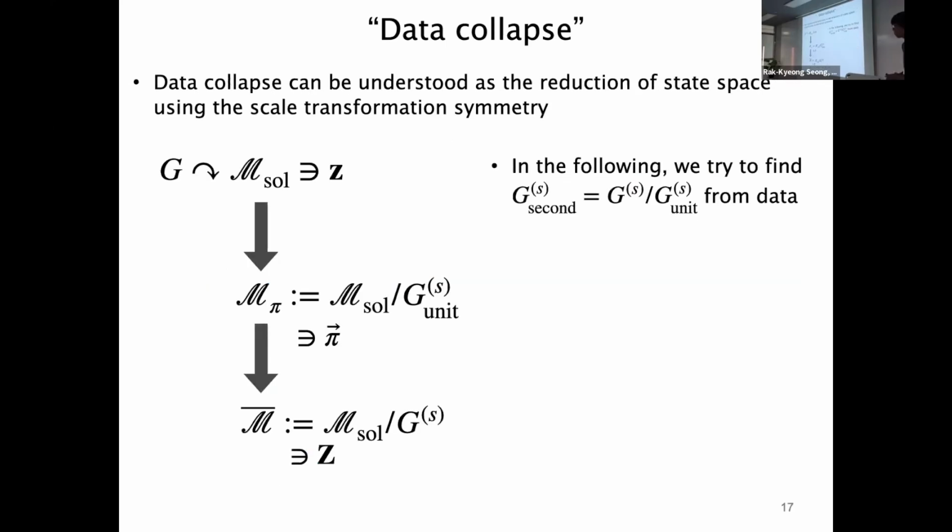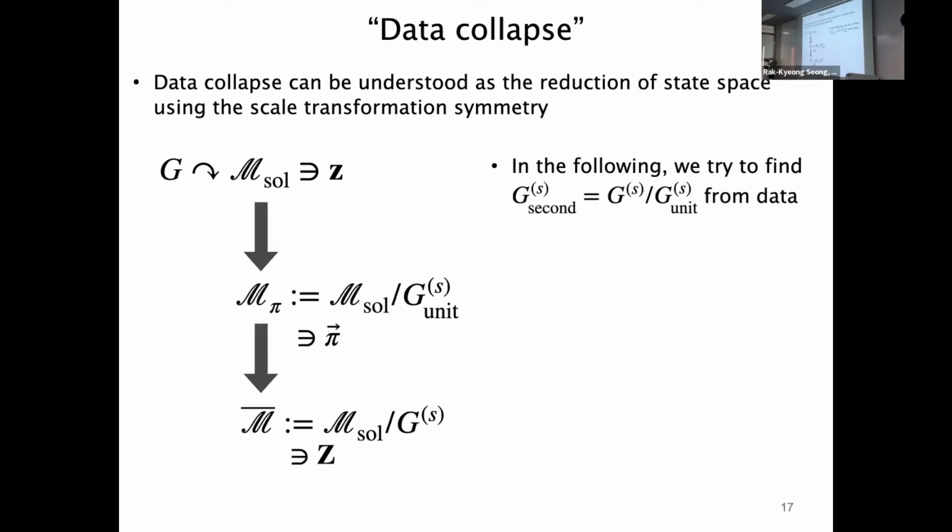Summarizing this discussion so far: originally we have the system, which takes values in a certain solution space, but we can reduce the solution space by using the dimensionless parameters as coordinates. This space is obtained by taking the quotient of the solution space by the action of the group of symmetry scale transformations of the units.